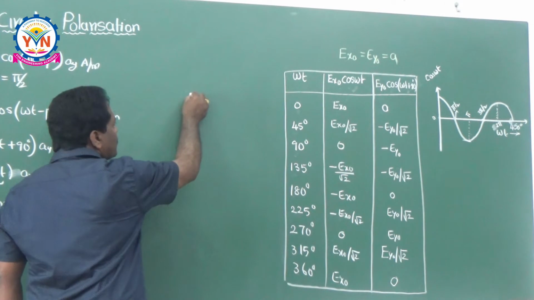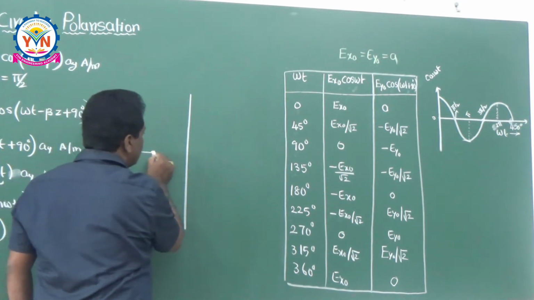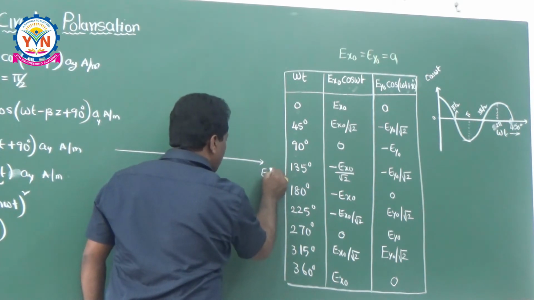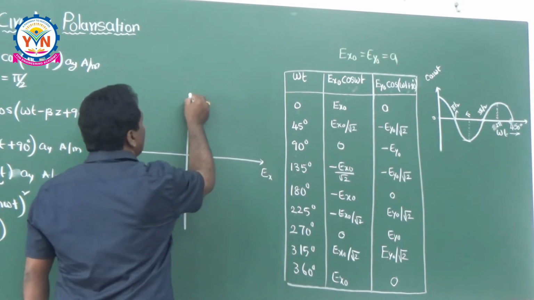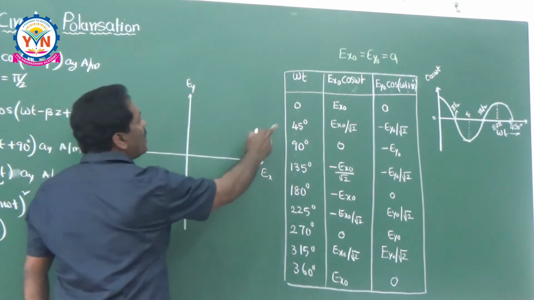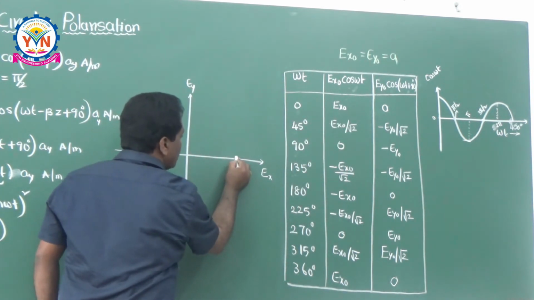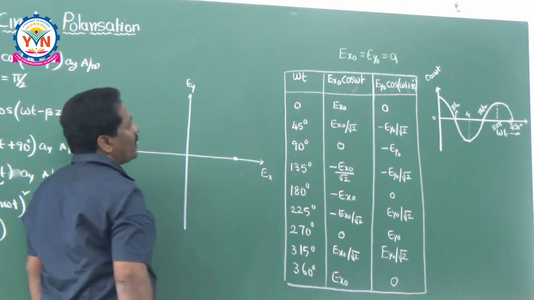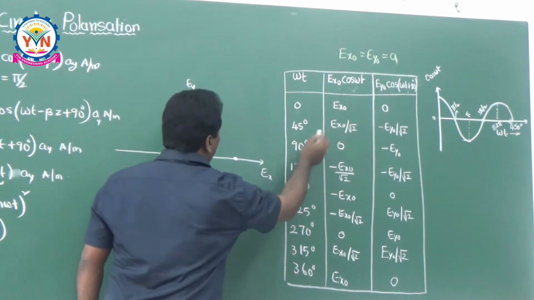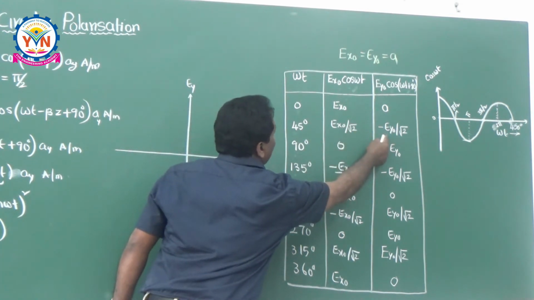Let us sketch this by taking these x components and y components. This is Ex and this is your Ey component. Now at omega t is equal to 0, it has the value Ex naught. At an angle of 45 degrees, it is Ex naught by root 2 and minus Ey naught by root 2.